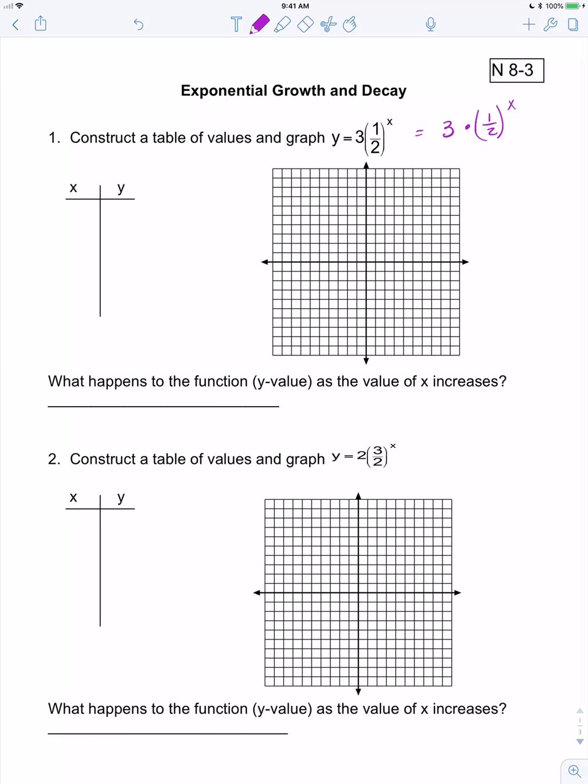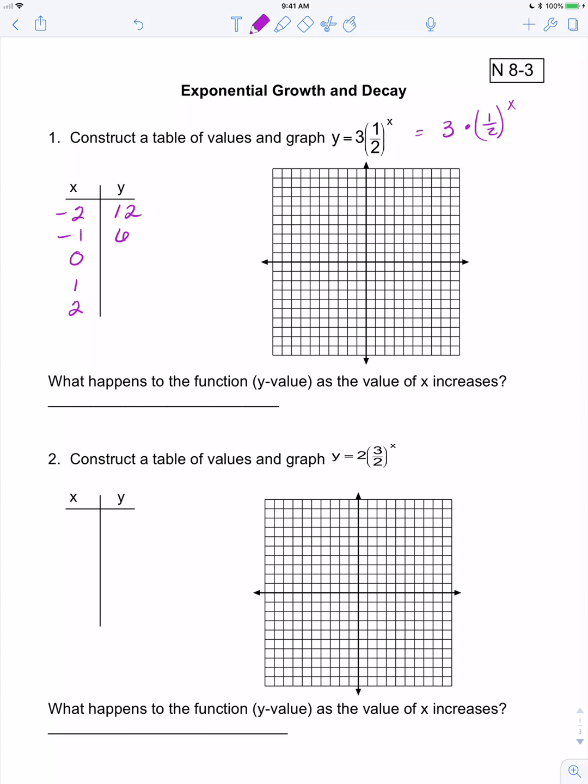Let's just say we have some of our favorites, of course, -2, -1, 0, 1, and 2. Let's just see what happens. So that means 3 times 1/2 brought to the -2 power. And if you just went into your y equals under your table, you will see that that answer is 12. When it is -1, that answer is 6.